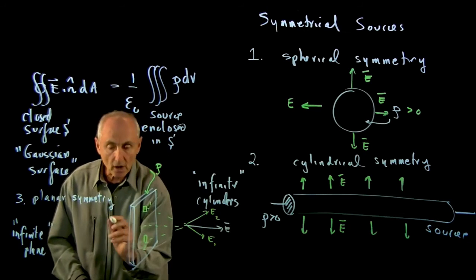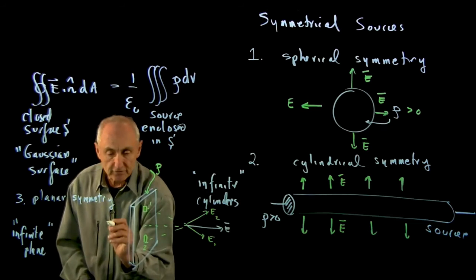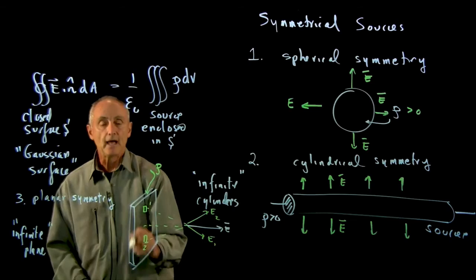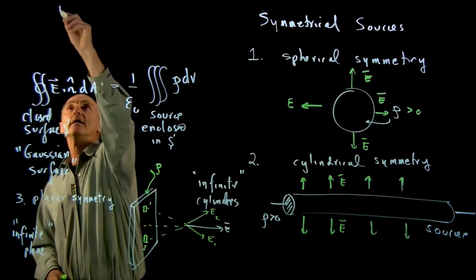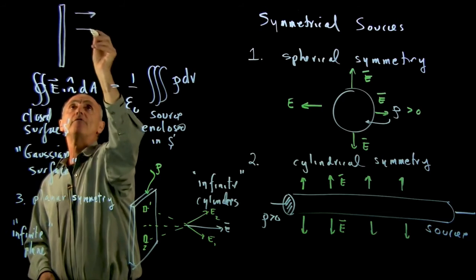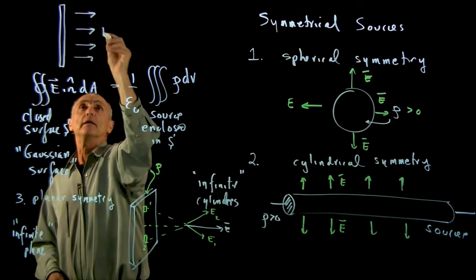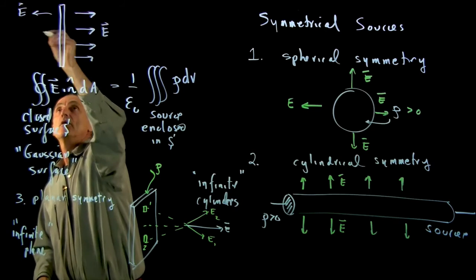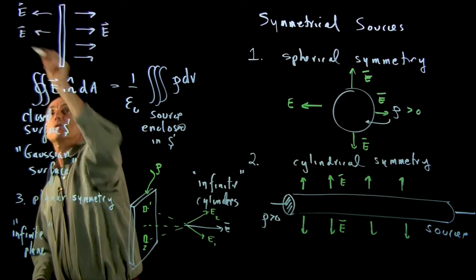And so what we argue is that if the plane were infinite, everywhere outside this plane, and now I'm going to draw that plane like this, seen on edge, the electric field is pointing perpendicular to the plane.